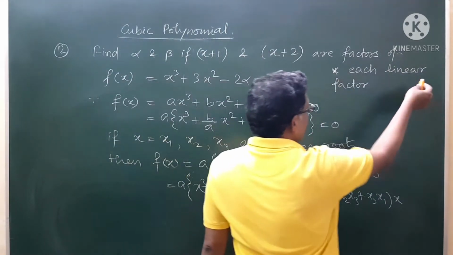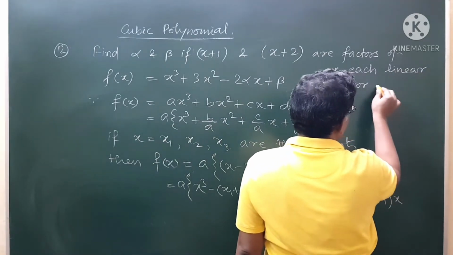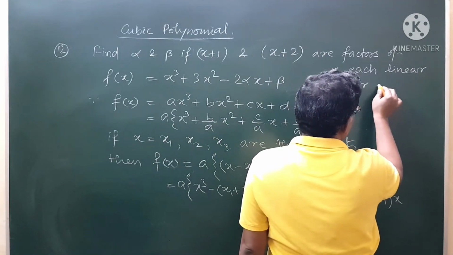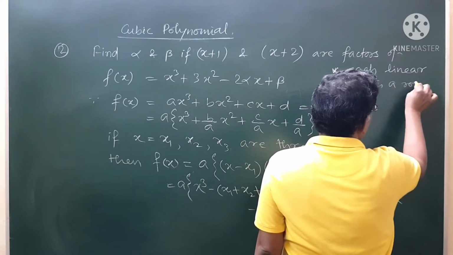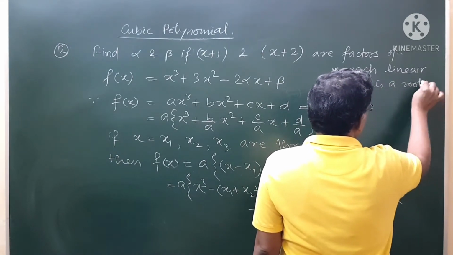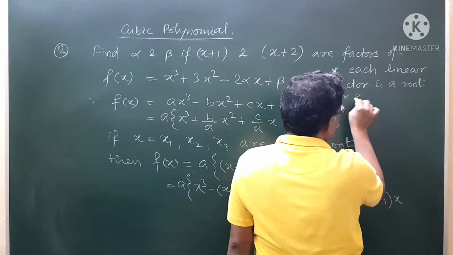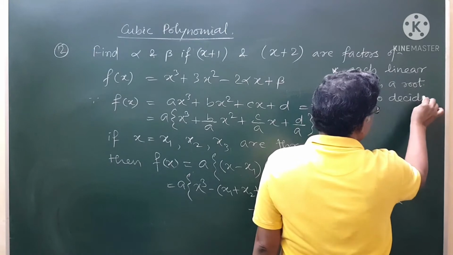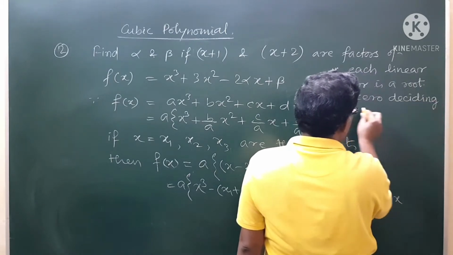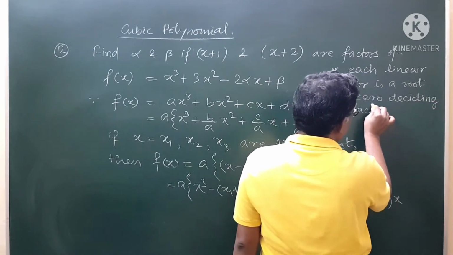So I want to explain it. Each linear factor is a root or zero deciding factor. Got my point?